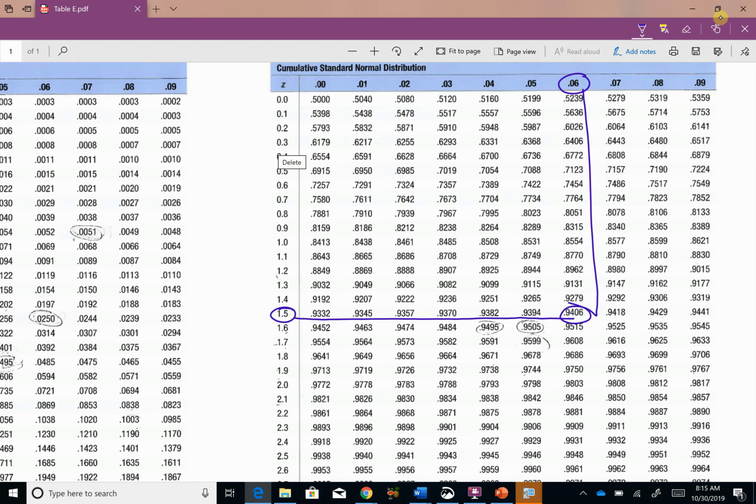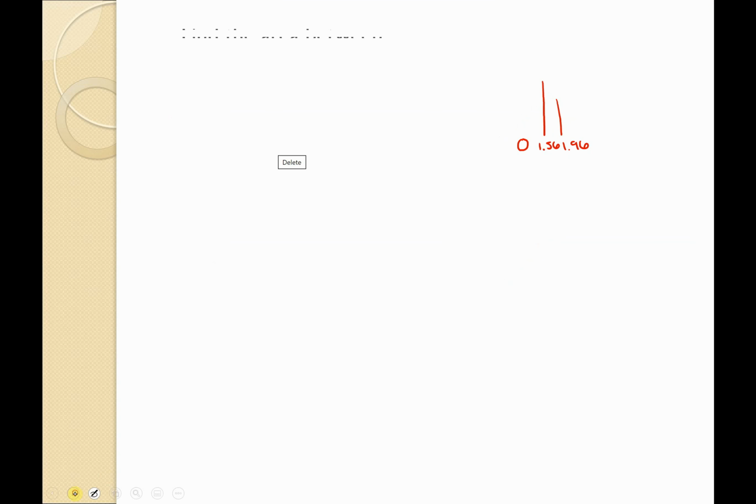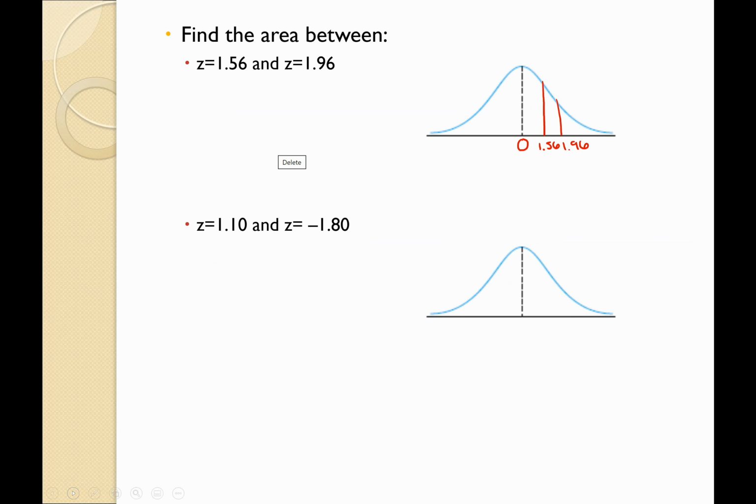So here's the 1.9 piece. I have to follow it over till the 6 piece. So when z equals 1.96, we have an area of 0.9750. I'm going to go ahead and switch back. Now remember, the areas that we're looking at are to the left. So we had 0.9406.